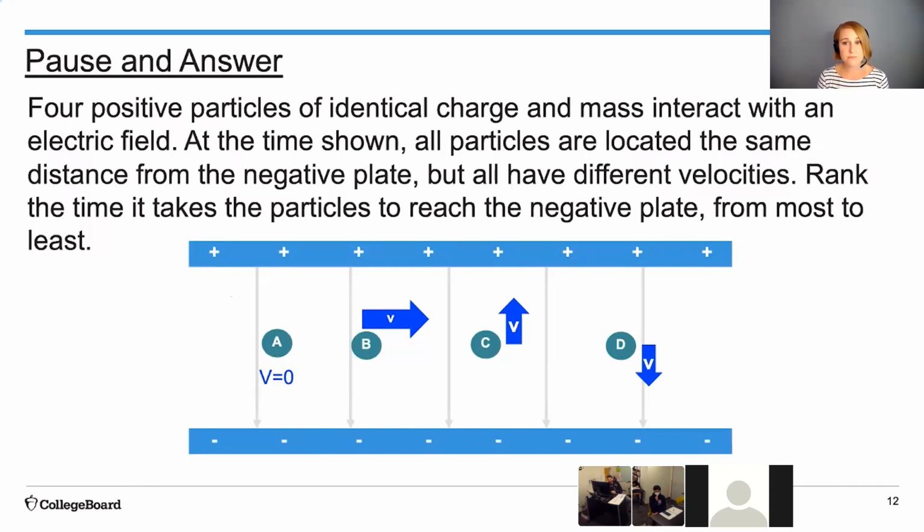D getting first. D getting first, okay? Give me some rationale for why you would conclude that. Because the velocity is toward the negative plate. It's going to be moving to the negative because of the charges and it's already moving that direction. Yeah. Okay, good. Then B. Then B? Okay, and why is that?